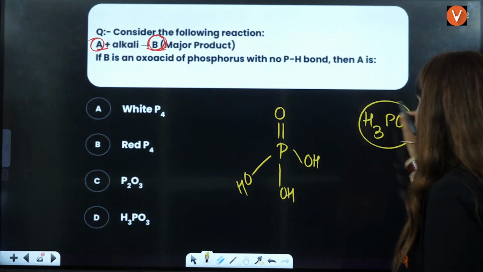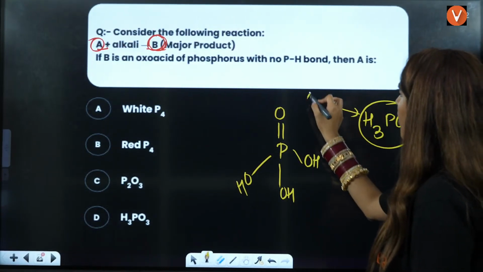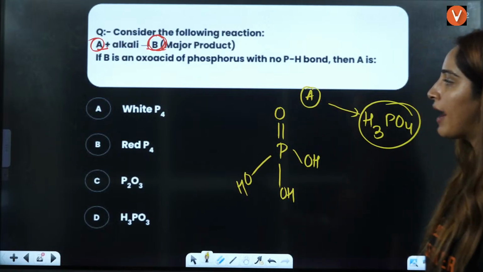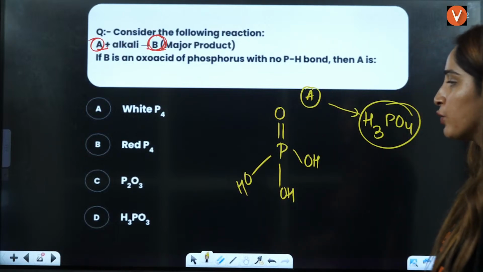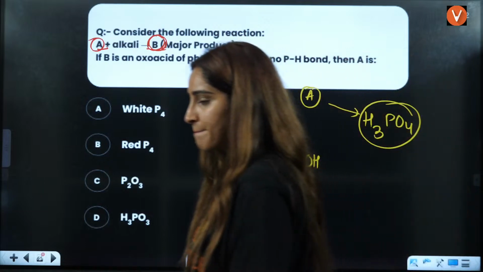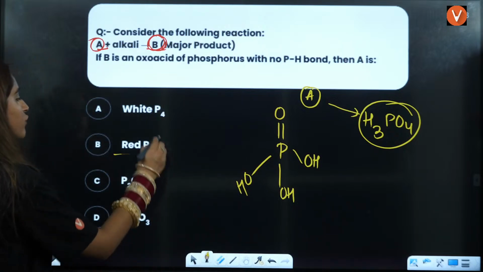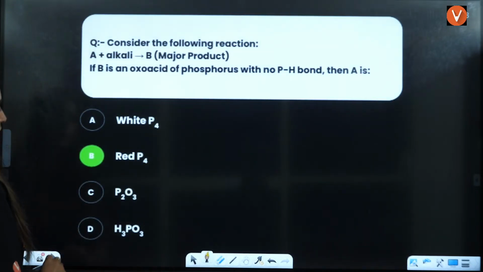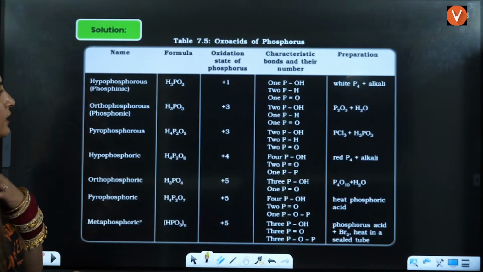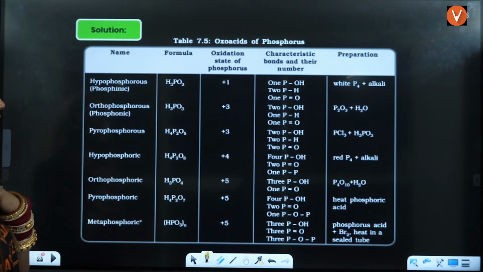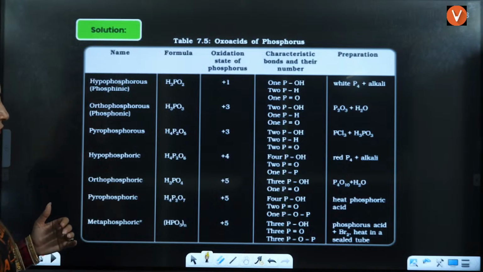So that will be H3PO4. H3PO4 is made from which thing? White phosphorus, red phosphorus, P2O3? H3PO4 is made from which thing? Right? Very good. That is made from red phosphorus here. So the answer, you can write it here.